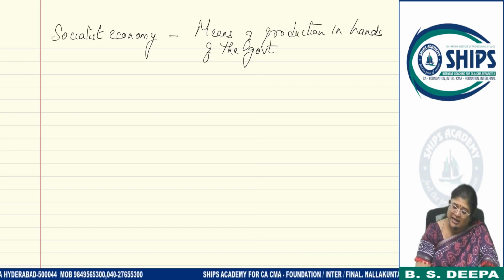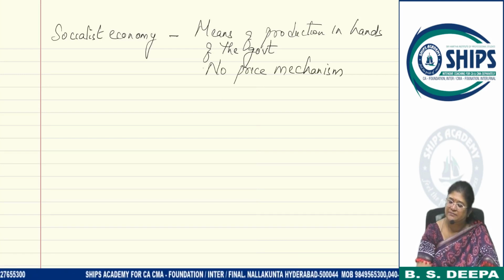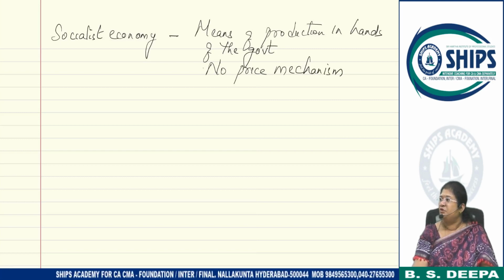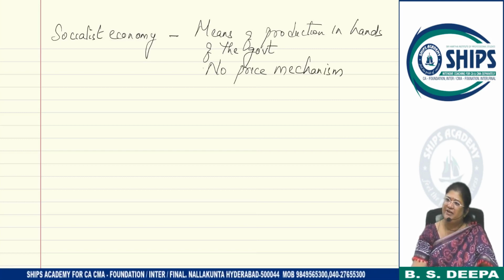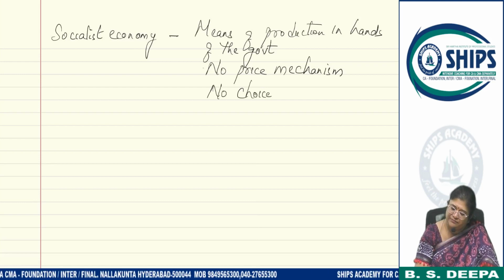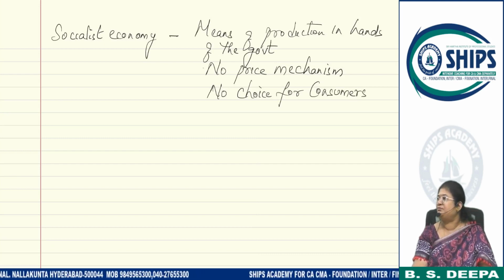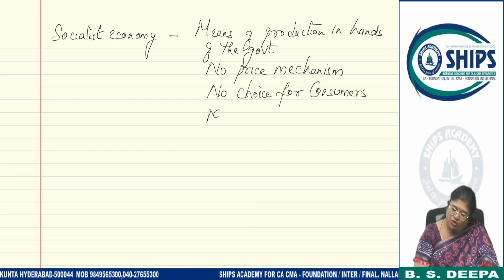Okay, then you don't have a price mechanism. No price mechanism. Why? Because the prices are decided by the government. Government will fix the prices for everything. And then you find no choice for consumers, because whatever the government produces, you have to consume. So maximum role is played by the government.